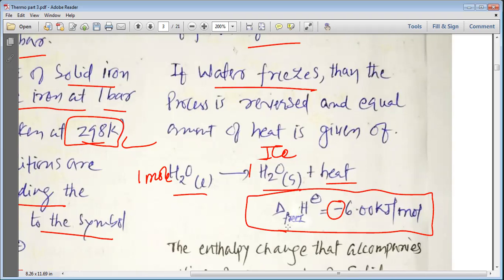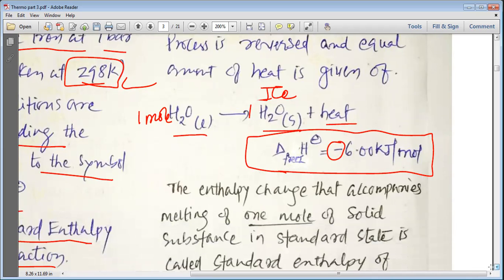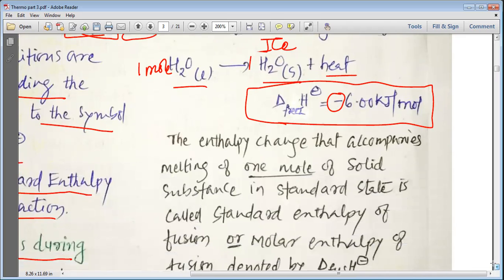During this process, that is what we call delta freeze H standard. So for freezing, the same amount of energy per mole is released rather than absorbed. And this is known as the standard enthalpy of freezing for water.